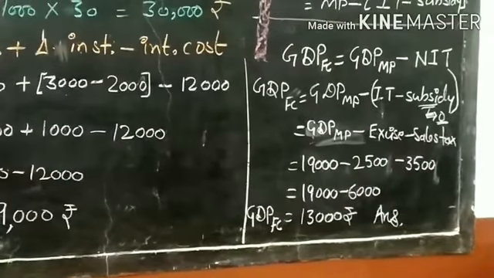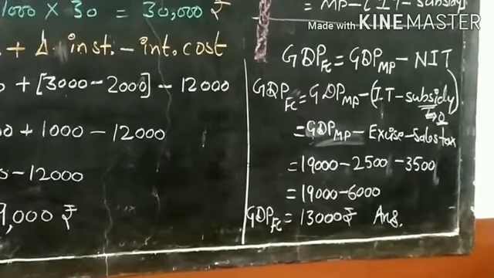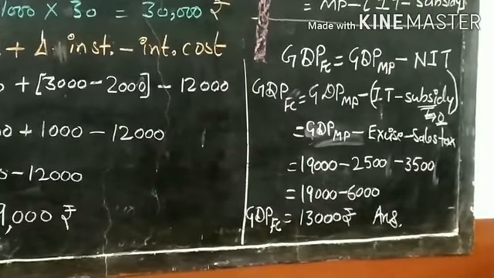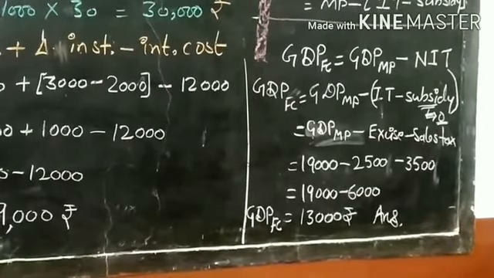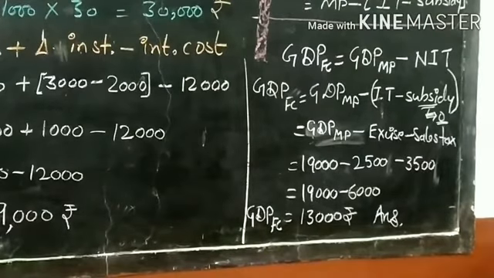Is this clear? To bring GDP to factor cost, you have to subtract net indirect taxes from market price, and net indirect taxes equals IT minus subsidy. If subsidy is mentioned, well and good, but if subsidy is not given, in that case we assume that subsidy equals 0. We have taken subsidy as 0.